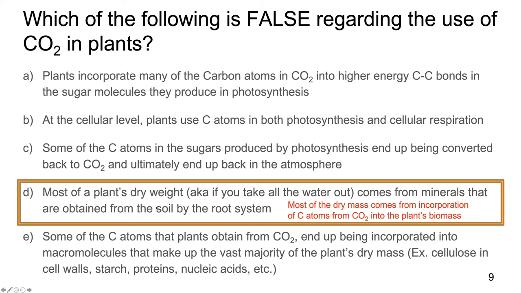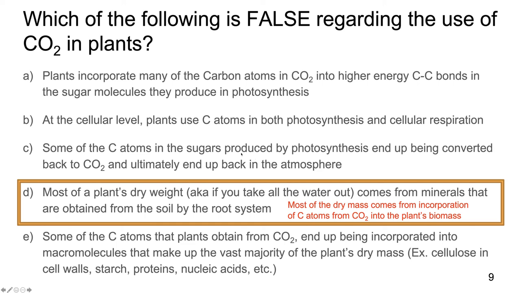We'll talk about that in future lectures, but it's such a tiny proportion that like 99.99% of the biomass of a plant's dry weight actually comes from the incorporation of carbon atoms from CO2, okay? So it comes from the air, not from the soil.